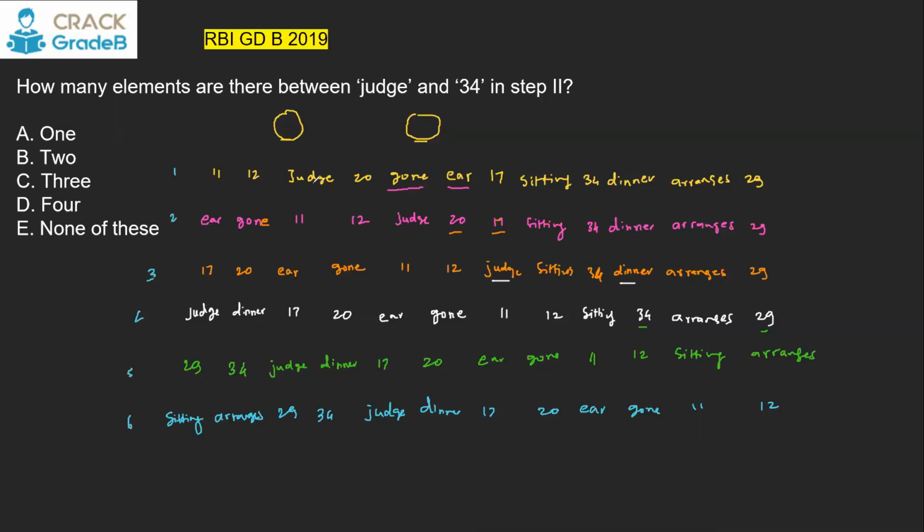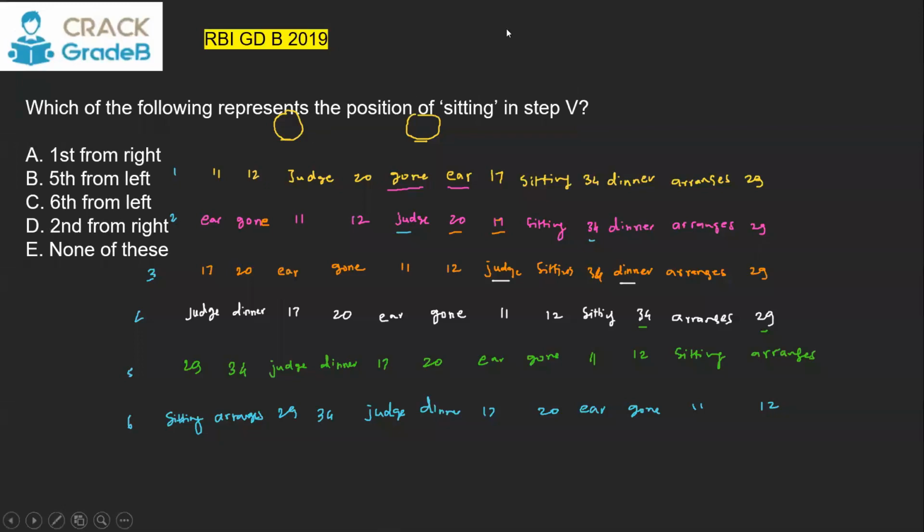In step 2, judge and 34. Judge is here, 34 is here. There are 1, 2, 3 elements. So the answer will be option C. Let's see the next one. Which of the following represents the position of sitting in step 5? In step 5, sitting is second from right. Option D.